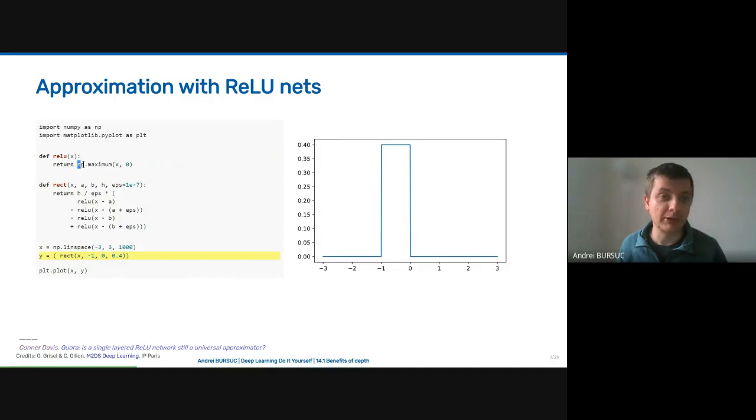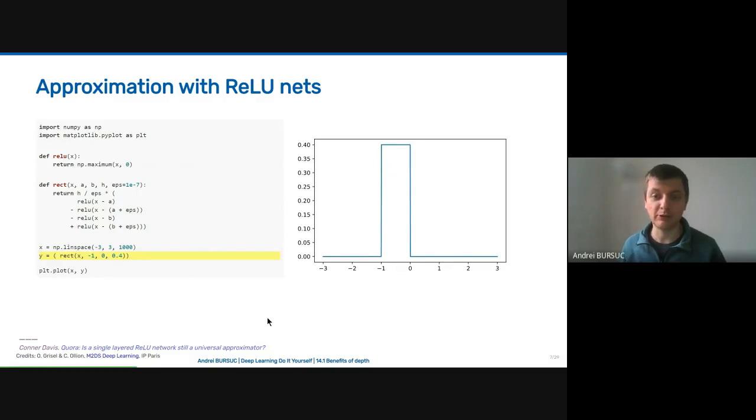What we do here is define a ReLU, which we saw in the previous courses and practicals, and we use these ReLUs to define this rectangle. We define a space of x's between -3 and 3 with 1,000 points, and a function y which builds a rectangle. So we have used 4 ReLUs to obtain a rectangle at this point.